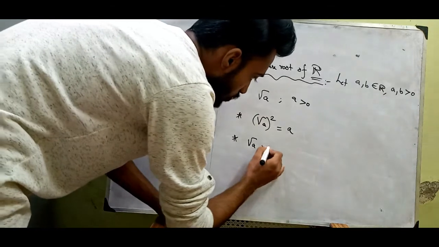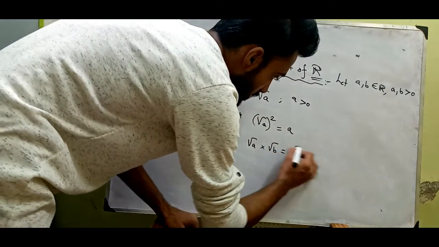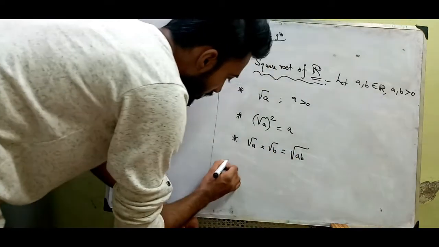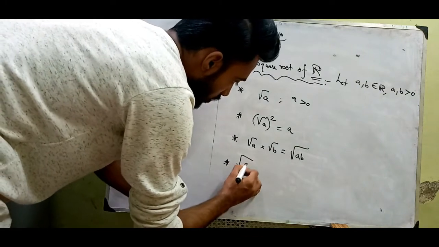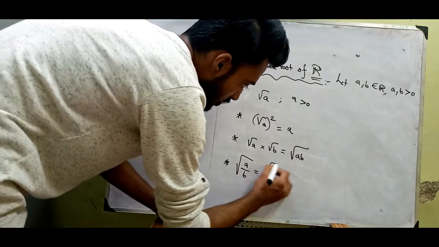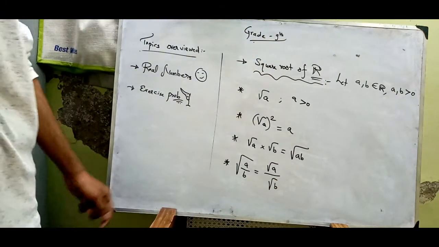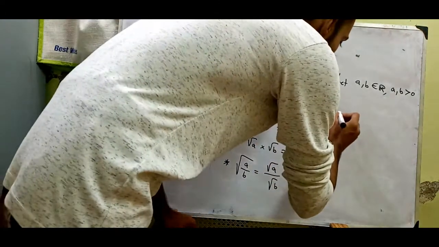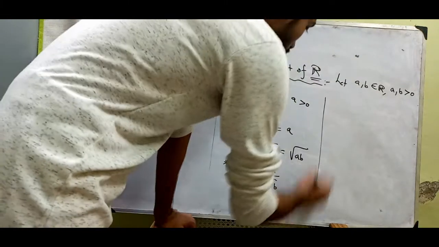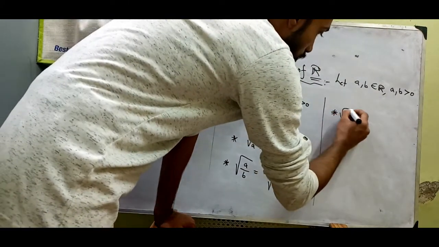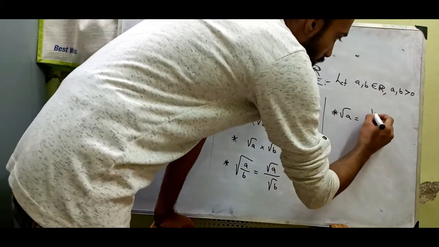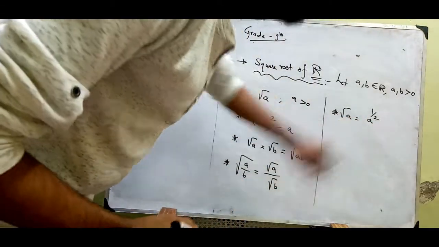Root A into root B is root of AB, and root of A divided by B can be written as root A by root B. Note that root A is nothing but A to the power 1 by 2.